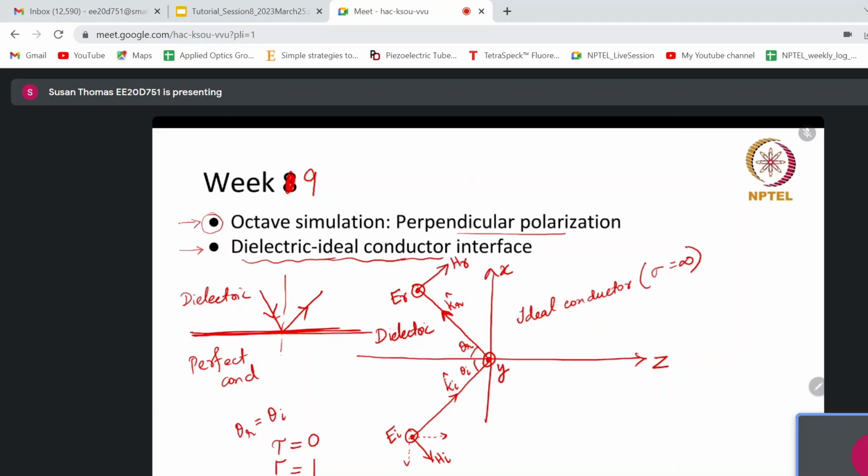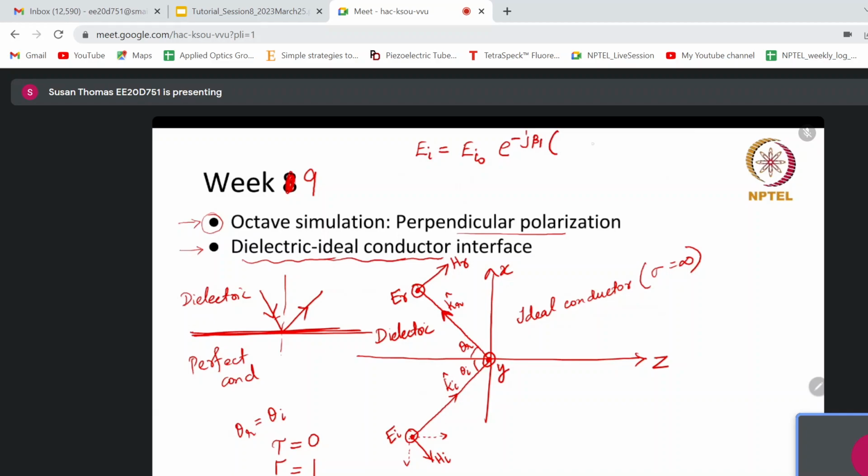Okay, so I think we denoted everything, and now let us try to write Ei, that is the incident field vector, that is Ei naught, the amplitude of the incident field vector, into e raised to minus j beta 1. So beta 1 is the phase constant of the first medium, that is the dielectric.